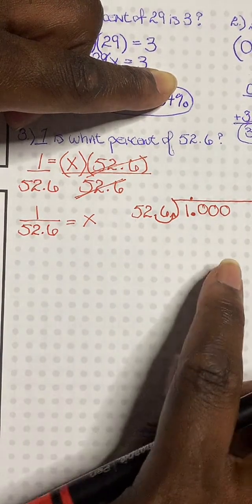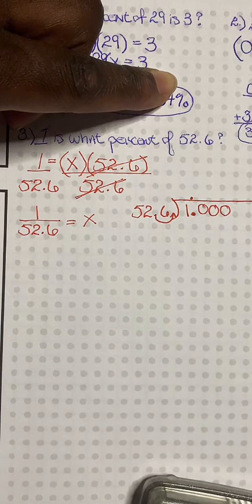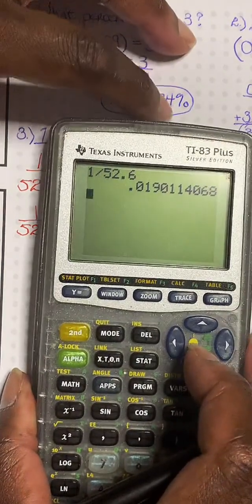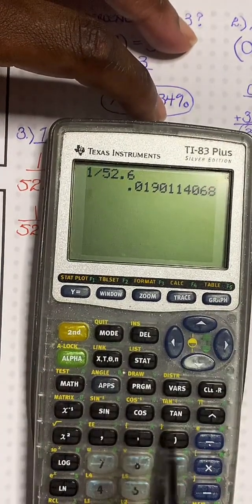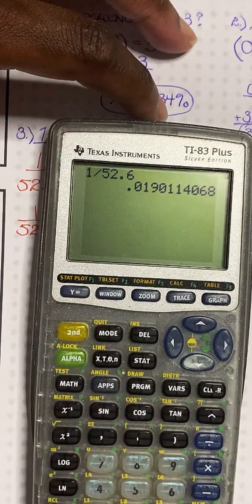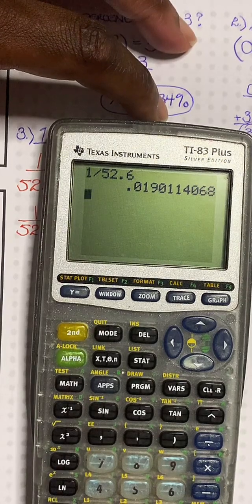Okay, so just a pre-warning. If I put it in my handy dandy calculator, this is what I got. Can you imagine trying to do all this through long division and bringing down zeros after zero after zero? Whew, I ain't got time.